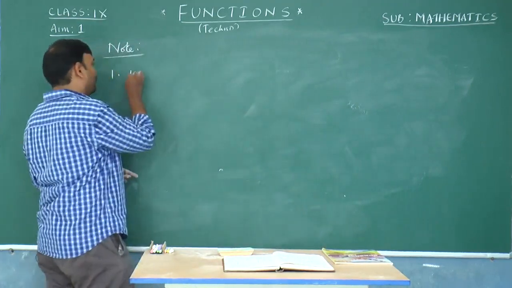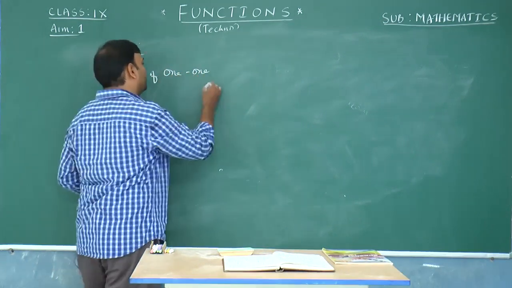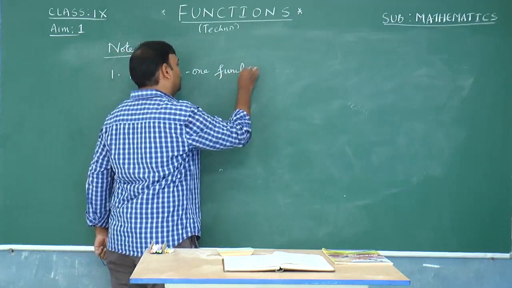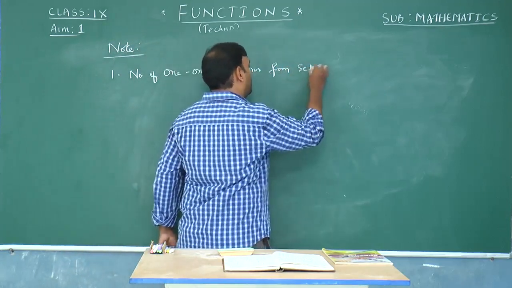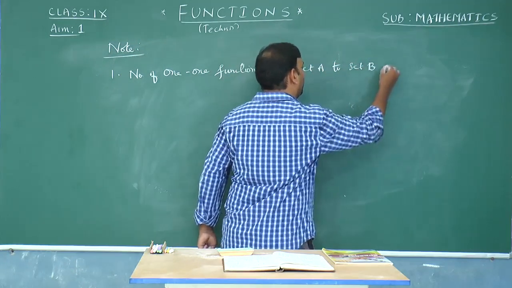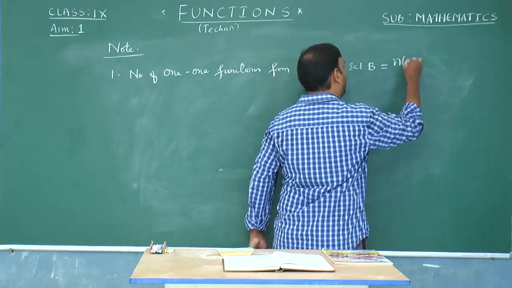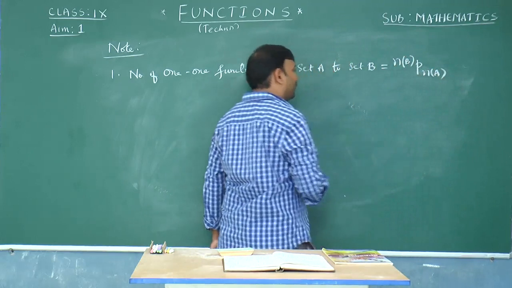So the first important note is that the number of one-to-one functions from set A to set B is equal to n(B)Pn(A).